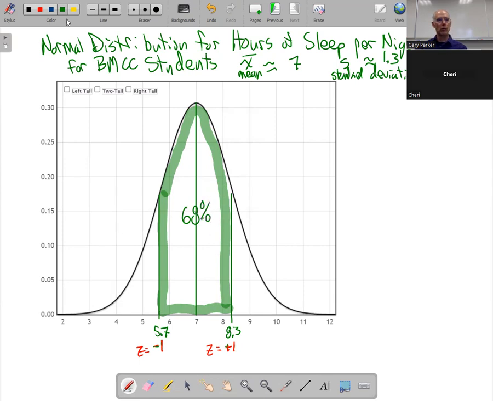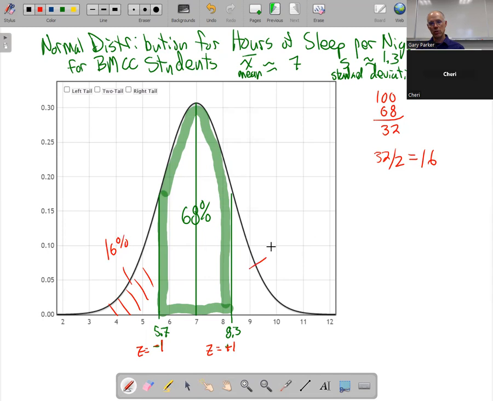Now, just a little graphical play on this. If 68% of the data is in the middle, 100 minus 68% is going to give us 32%. And if we take half of 32, that's going to give us 16%. So there's going to be about 16% in each tail. So for example, this tail right here should represent about 16% of the data.